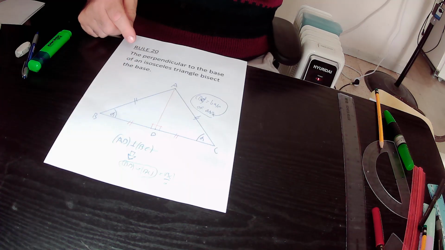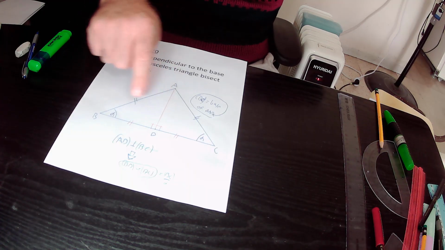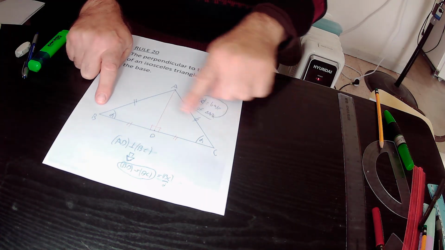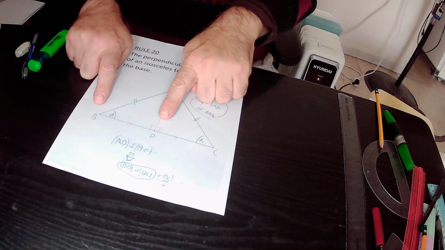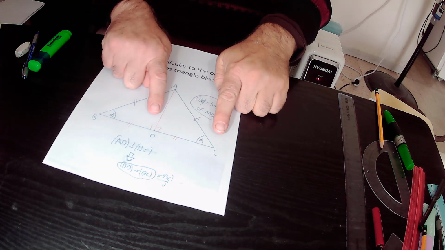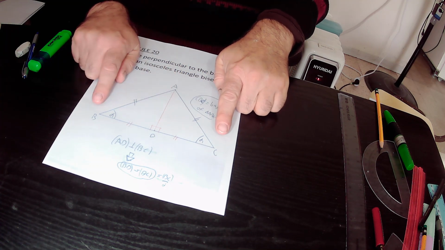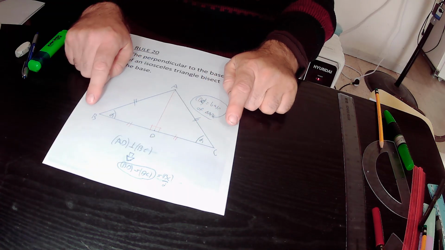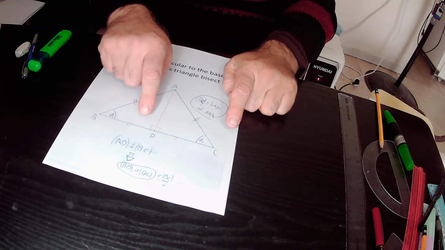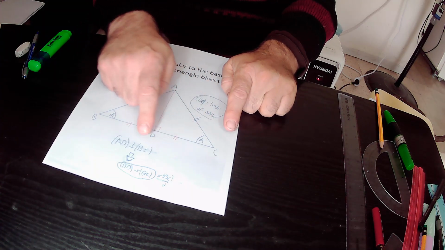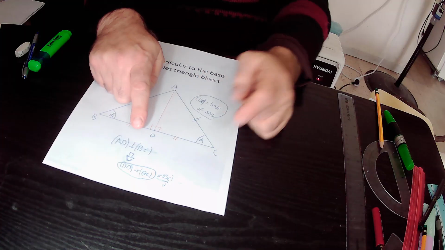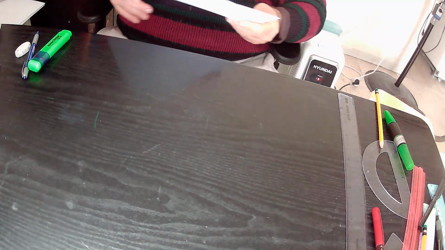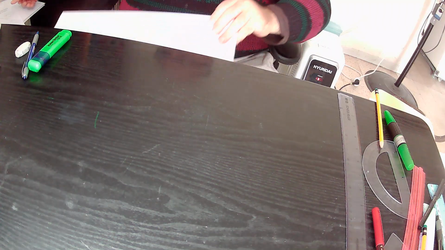According to rule 20, the perpendicular AD to the base BC bisects the base BC. That is to say, it divides the base BC into two halves, each half equal to the other. The first half BD is equal to the second half DC, and each equals BC over 2.